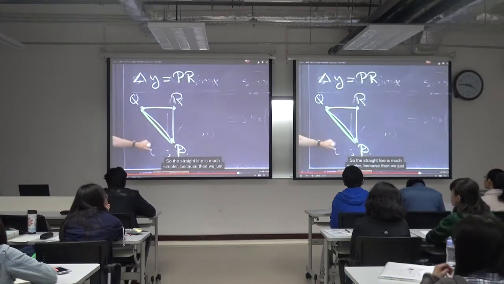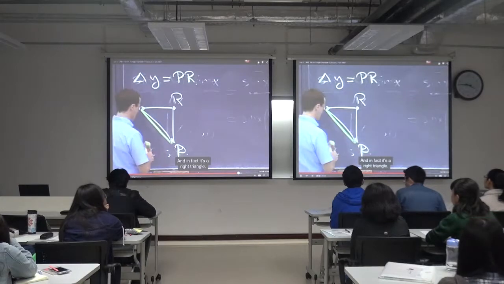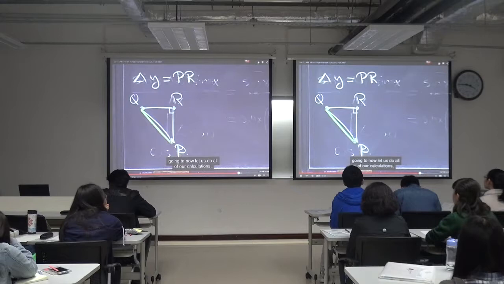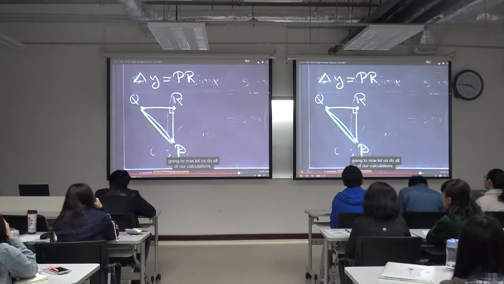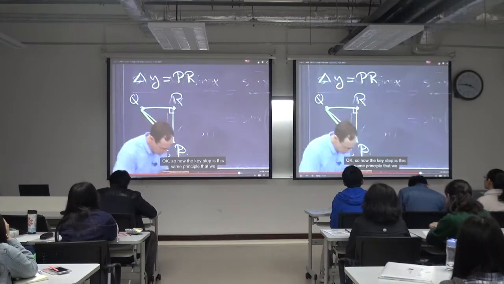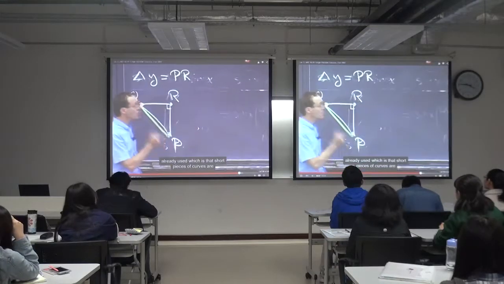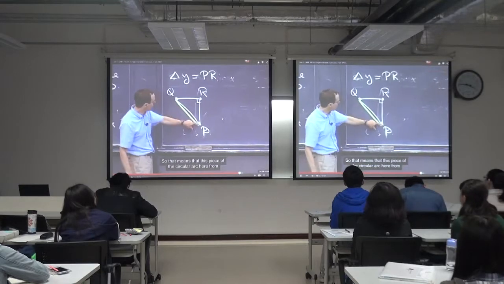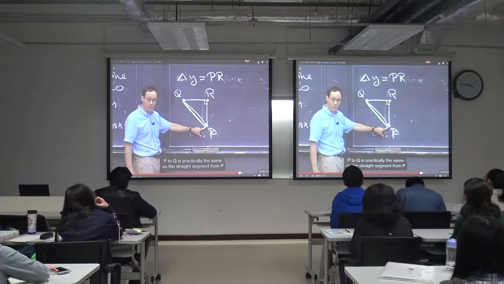The straight line is much simpler because then we just have a triangle here, and in fact, it's a right triangle. So we have the geometry of the right triangle, which is going to now let us do all of our calculations. Okay, so now the key step is this same principle that we already used, which is that short pieces of curves are nearly straight. So that means that this piece of the circular arc here from P to Q is practically the same as a straight segment from P to Q.